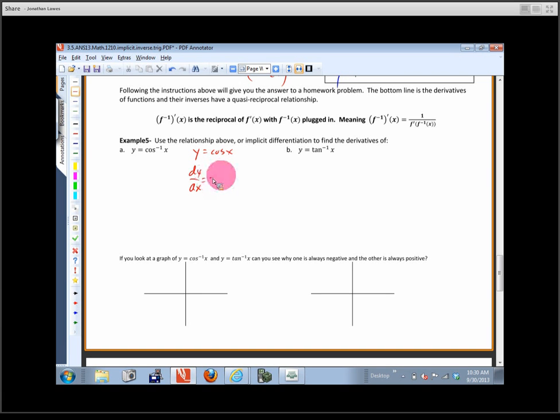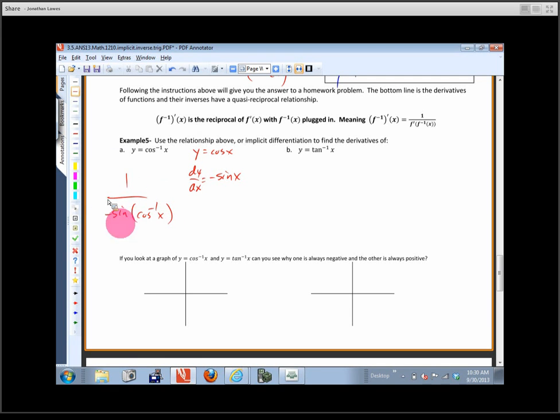Okay, so it's negative sine of x, right? So if I want the derivative of the inverse function, I'm going to do 1 over this, and what am I going to plug into it? I'm going to plug in cosine inverse. Okay?